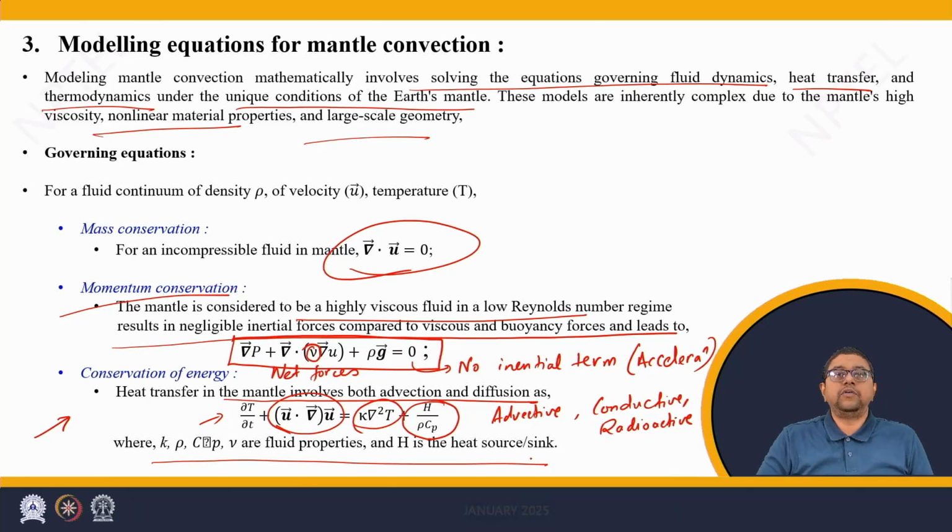Here K, rho, Cp are fluid properties and H is the heat source or heat sink. This is the heat transfer equation and the third equation in the governing equations for mantle convection.